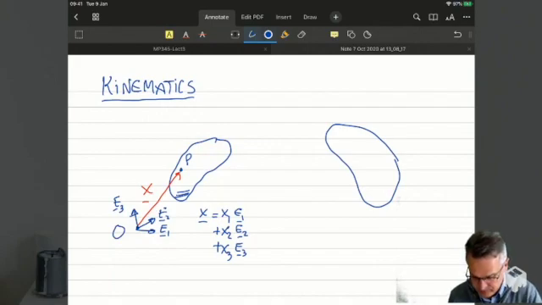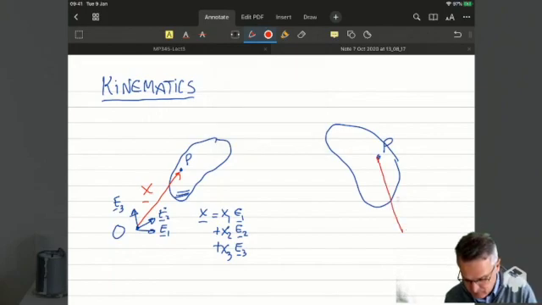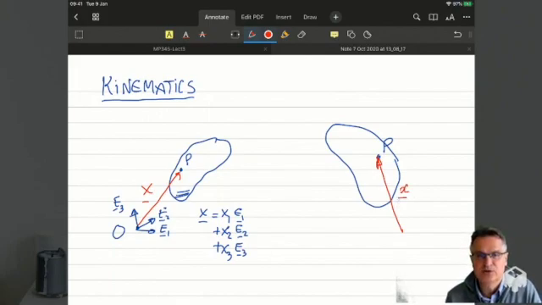So that point P is going to move to this location here. And now I'm going to have to introduce another coordinate system because I'm in a different state now, with another position vector.